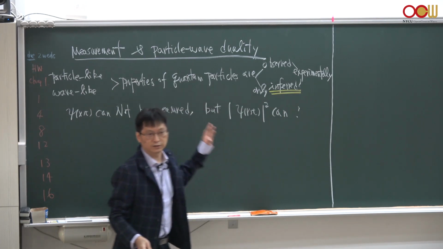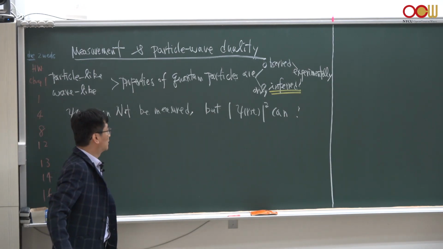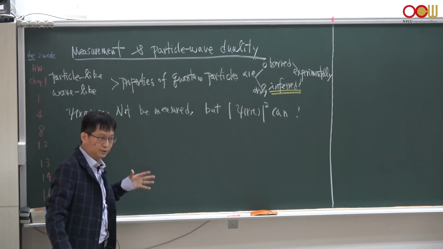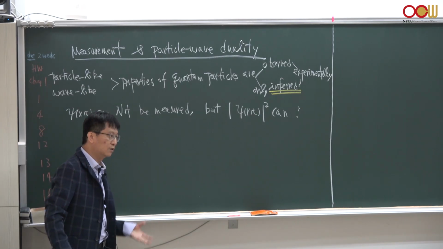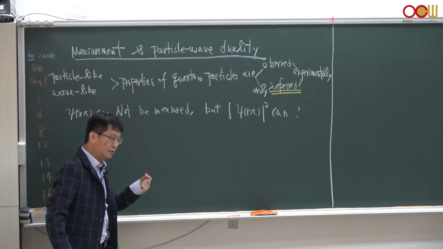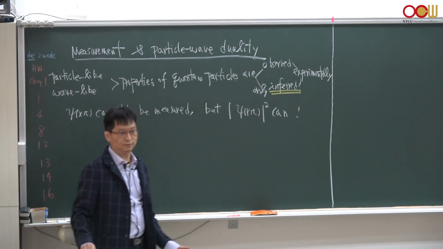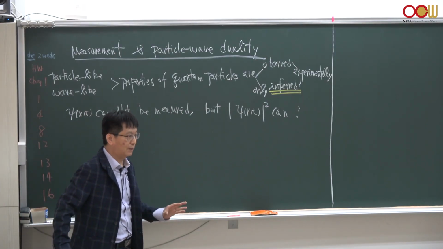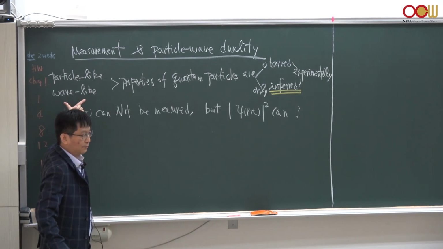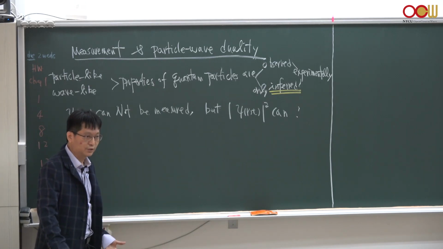Even though this is an inferred property, you can observe it experimentally. But what you should know here is that these wave-like properties are a collective or statistical effect. As an individual particle, only the particle properties should show up. But if you design your experiments in such a way that you can only probe the wave-like properties, not the particle-like properties, then you don't see the particle nature of your system.